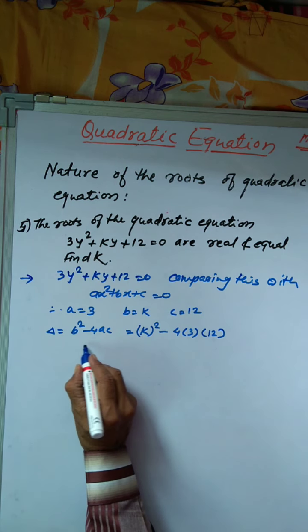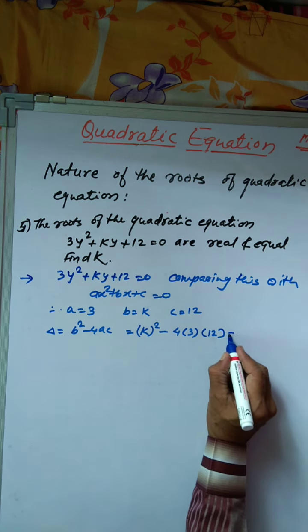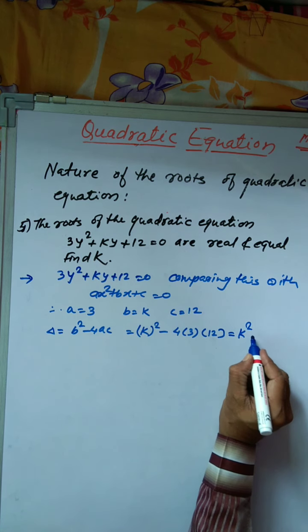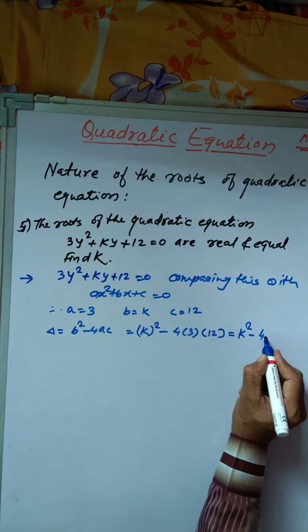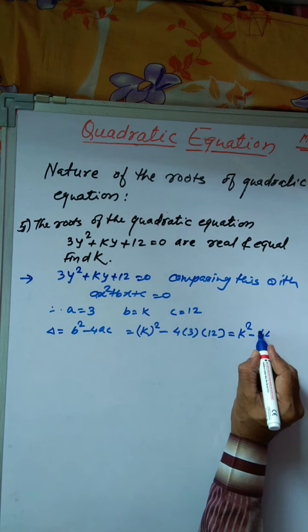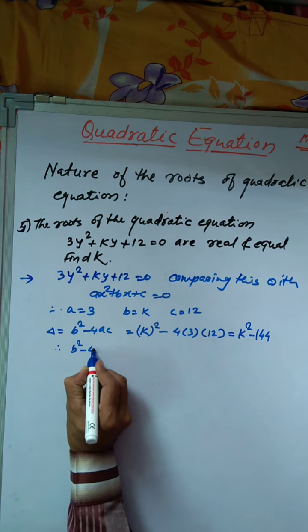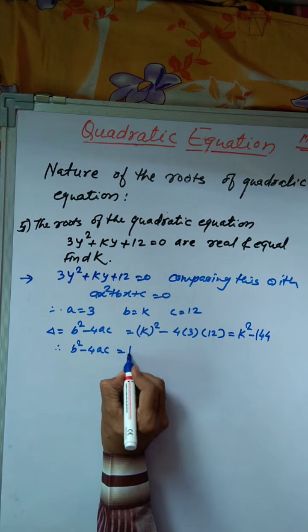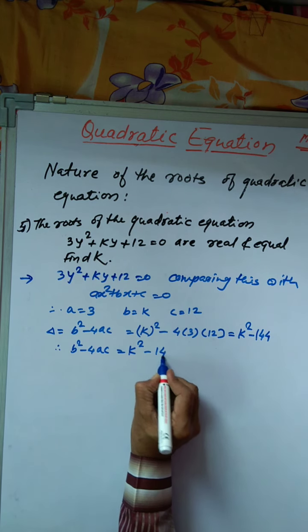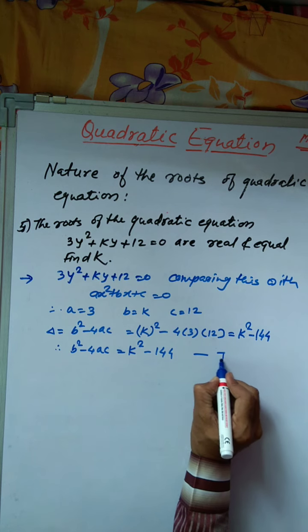Hence, which gets k square minus 144. That means b square minus 4ac is equal to k square minus 144. This is equation number 1.